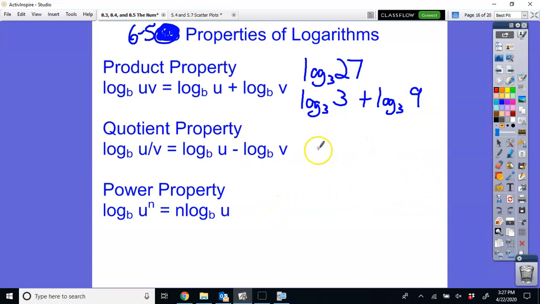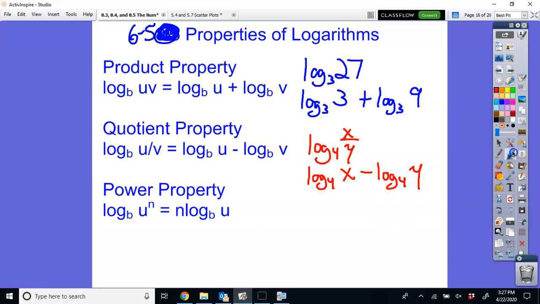So let me give you an example of this. Log base 4 of x divided by y. You can do the log base 4 of x minus the log base 4 of y. So if it's multiplication on the inside, you separate it with addition. If it's division on the inside, you separate it with subtraction.